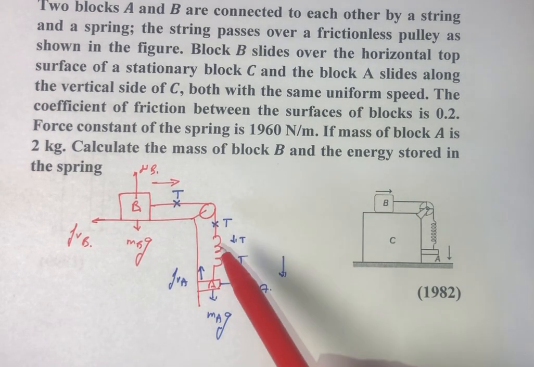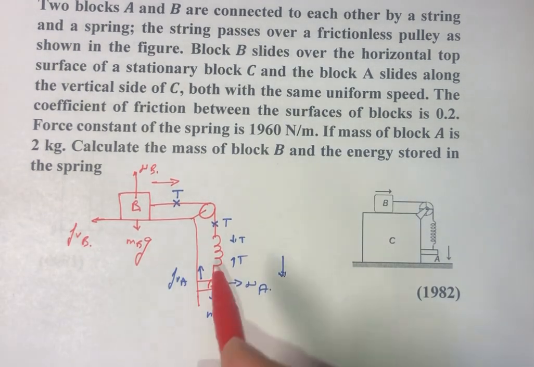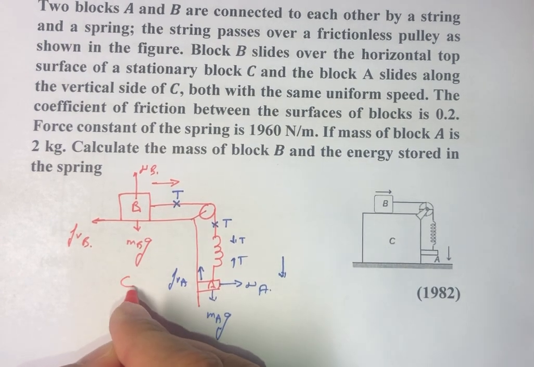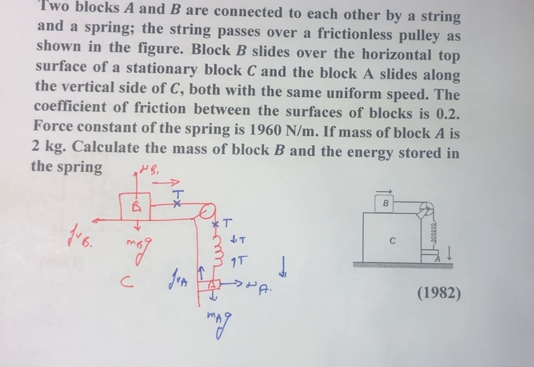First of all, as the spring and string are connected with blocks A and B, and this is block C, A and B both are moving with constant velocity.